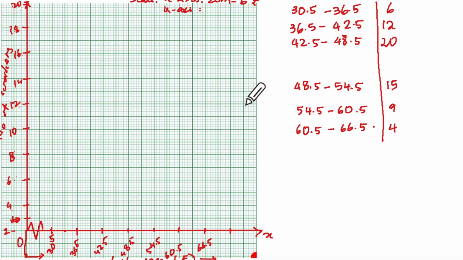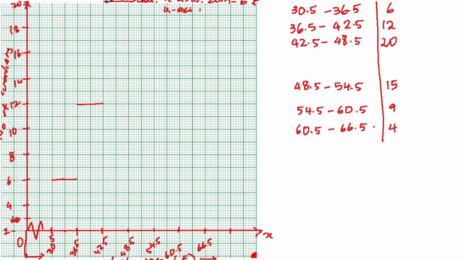Yes, ma'am. 6 from here to here, 6. So this will be 6 like this. Then next one is 12. Next one is 20. 20 is this way. One box is missing over here for me.